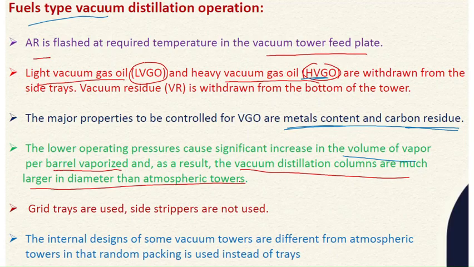If you have visited a refinery, you can see that the atmospheric towers are lesser in diameter and longer in length, whereas the vacuum distillation columns are more in diameter and lesser in height. That is the only reason.